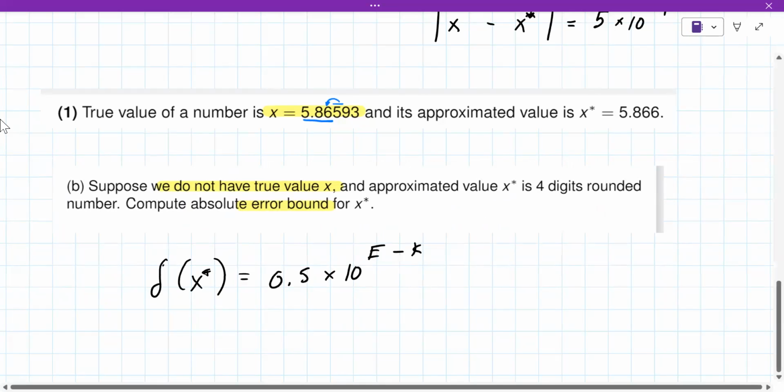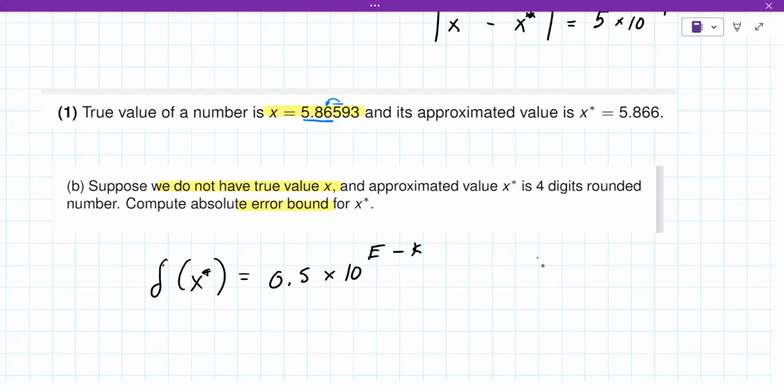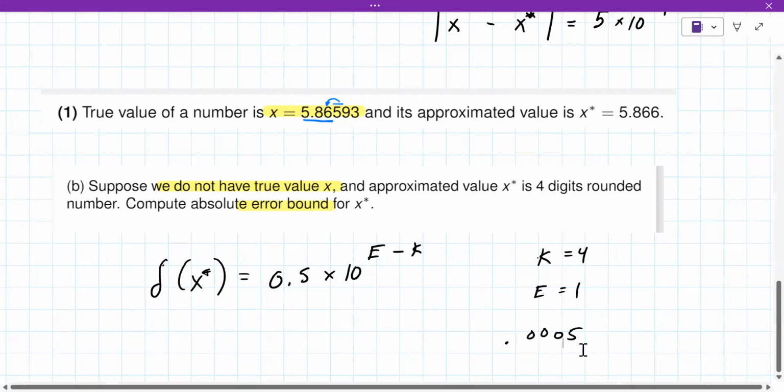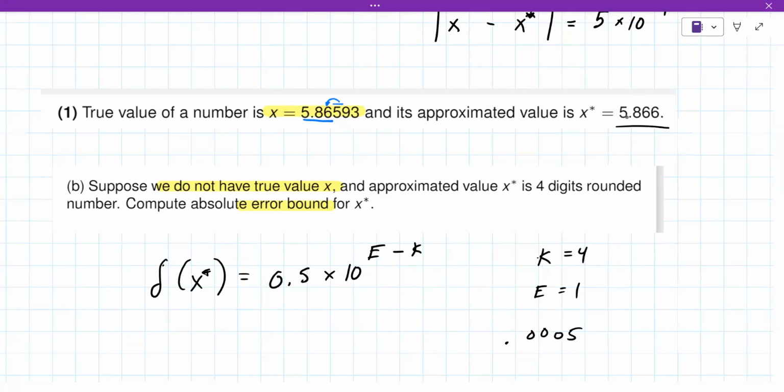Now in this problem, K is apparently 4 and E is 1. I don't actually know why, but the answer that she gives is 0.0005. Okay. And that means for a 4-digit rounded number. So in our case, see how there's 3 zeros, it's the 5.866.